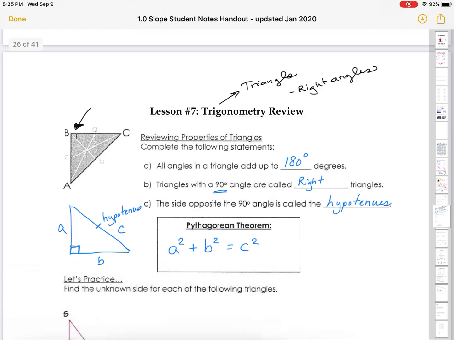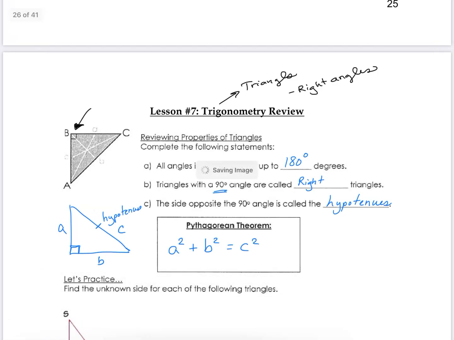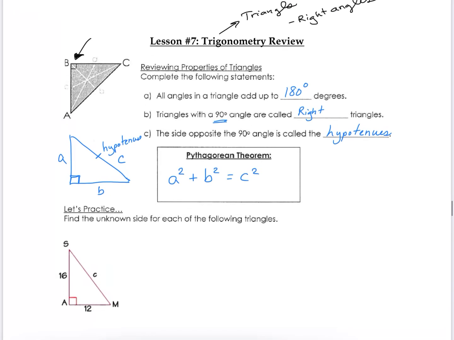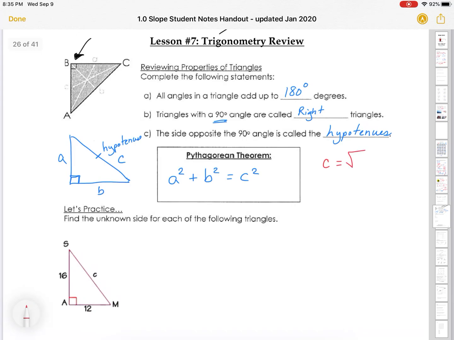Now, if we're looking for one of those sides, I'm going to do that rearranging for you. If I'm looking for c, we take the square root of a squared plus b squared. If we're looking for a, we take the square root of c squared minus b squared.